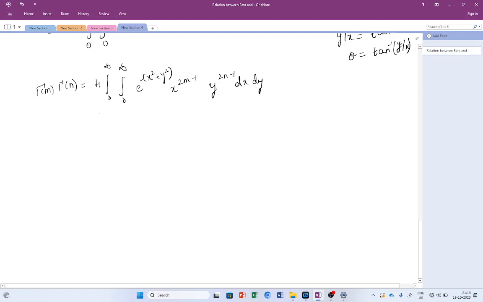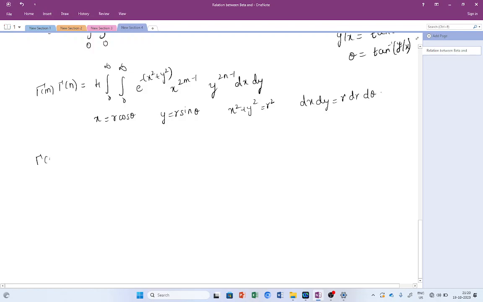Now after this only we made the substitution. x is equal to r cos theta, y is equal to r sin theta, x square plus y square is equal to r square, and finally dx dy is equal to r dr d theta. So all this we are just going to substitute in this integration.